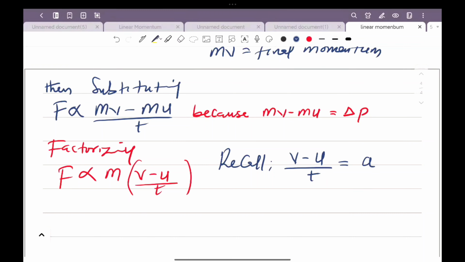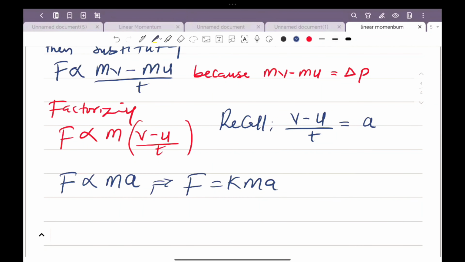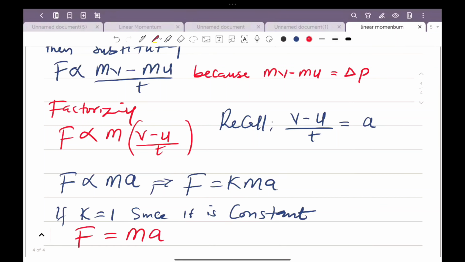If that is the case, we can substitute that into F is proportional to ma, which is mass multiplied by acceleration. It's the same thing as F is equal to kma. If this constant is 1, then we can say that force is equal to ma. Is that clear? Please take note of this equation, very important.